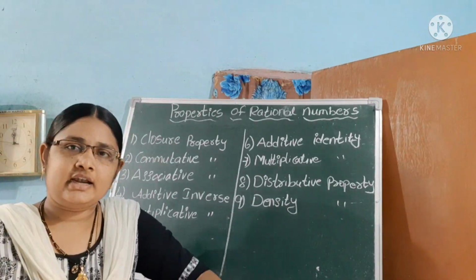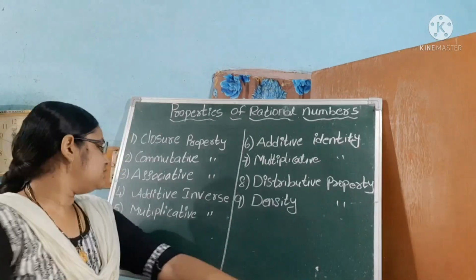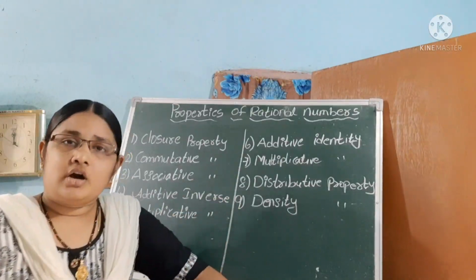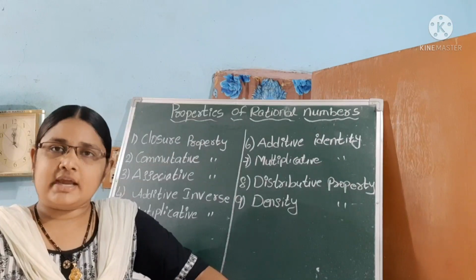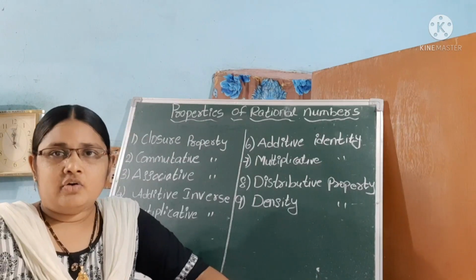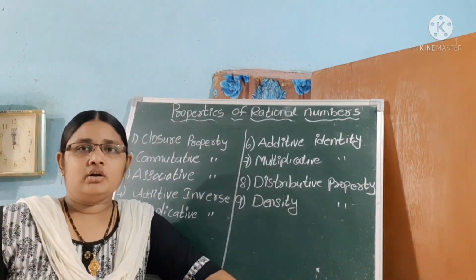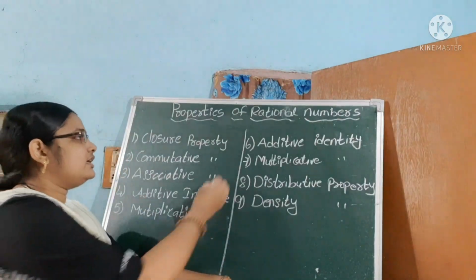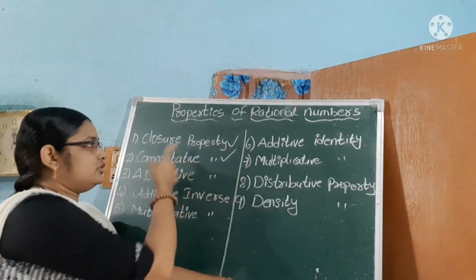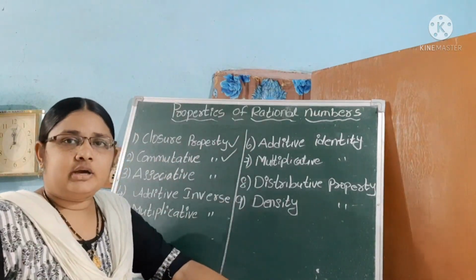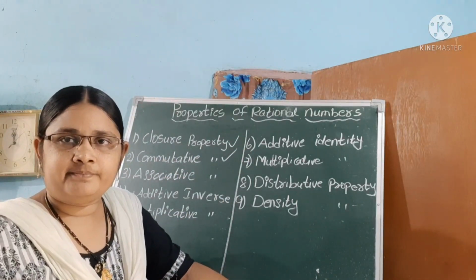In our earlier classes, we already discussed these properties on integers, whole numbers and natural numbers. So today we will see whether these properties are satisfied by rational numbers or not. In today's class we discuss the first two properties, closure property and commutative property.